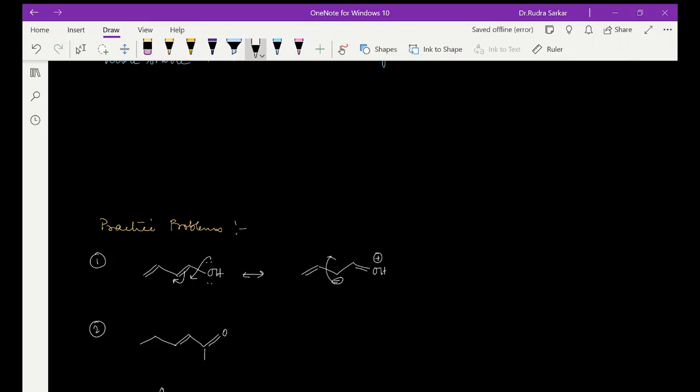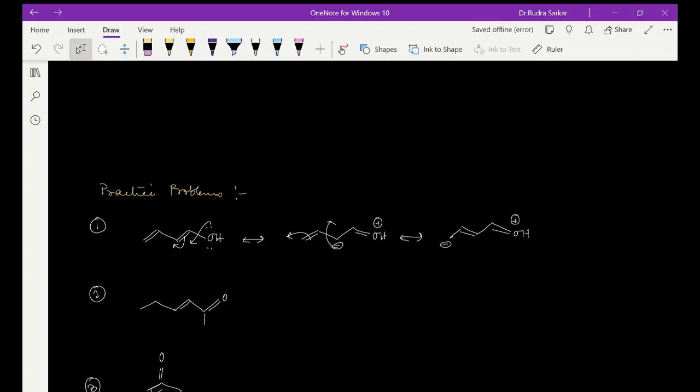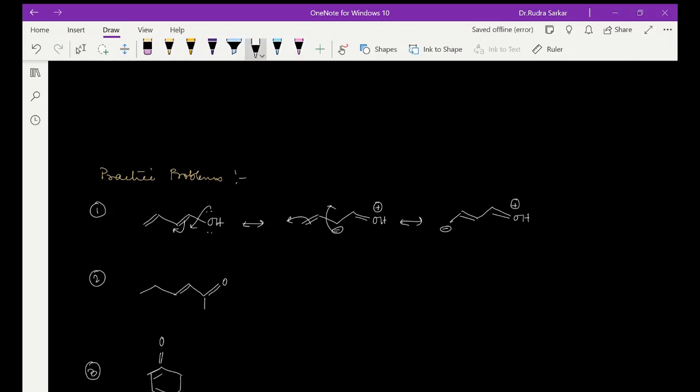The negative charge moves towards the pi bond, and so for the first one, the structures that we get are as shown. Out here, because of the minus M effect, the keto group will be pulling the electron density towards itself, and hence the resonating structures that we will get are as follows.